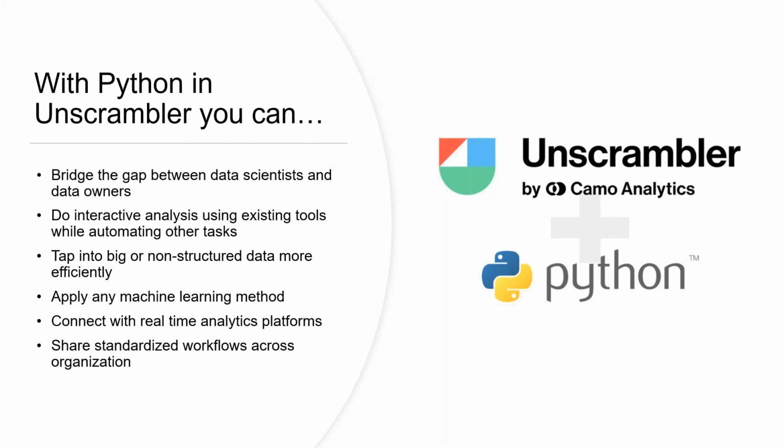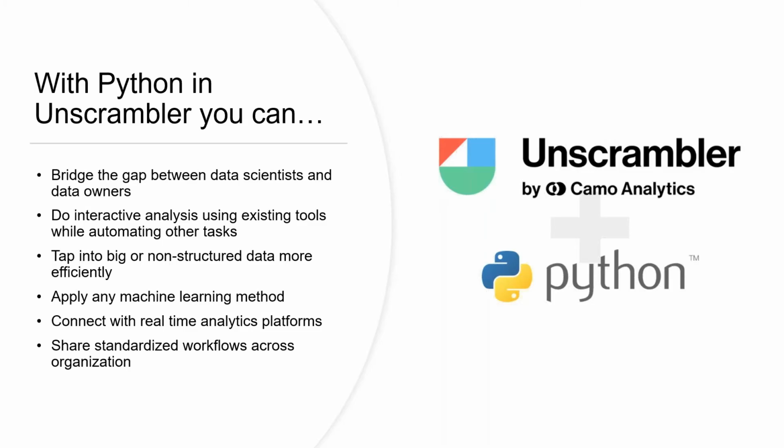It means that you can do interactive analysis using existing tools in Unscrambler, and then you can automate other tasks using Python scripts. You can tap into big data in the cloud or non-structured data more efficiently by writing these scripts. And you can apply any machine learning method or any different method that you might want to try out.